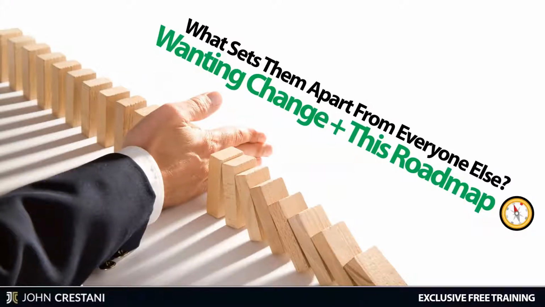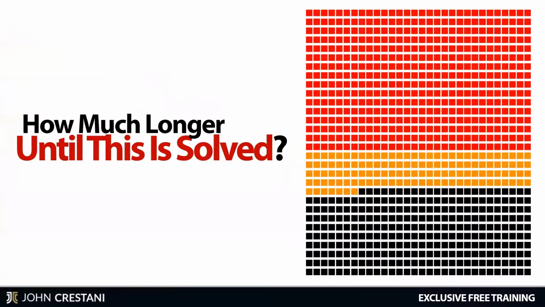It's not enough to just want change without the right roadmap. And it's not enough to just have this system and this roadmap without wanting change in your life. Without wanting something, freedom, whatever that is, you need both. You need to want change and you need the roadmap. And that's what I want to give to you.